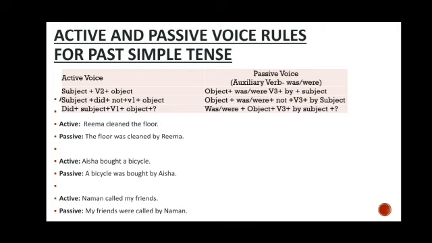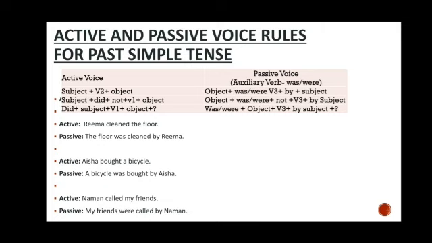Now next is simple past tense. In simple past tense, subject, then verb second, then object is coming. If I am talking about negative, then subject, then did not, then verb first is coming, because did is already verb second. Now interrogative: did, subject, then verb first, then object.